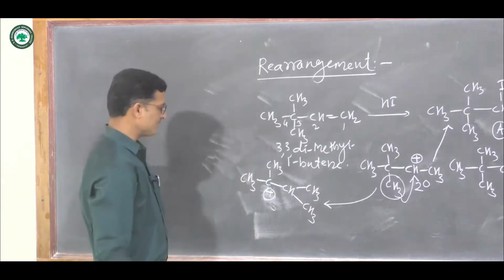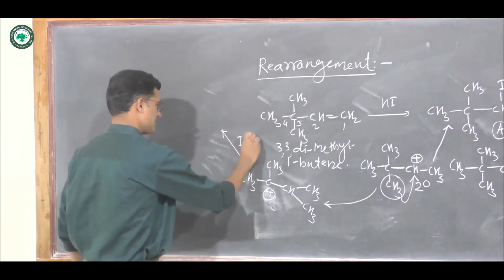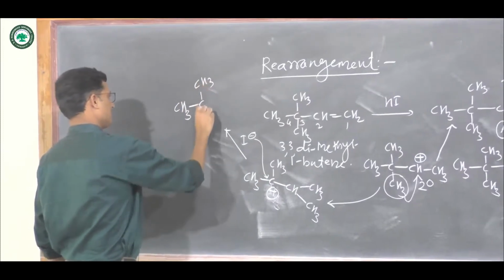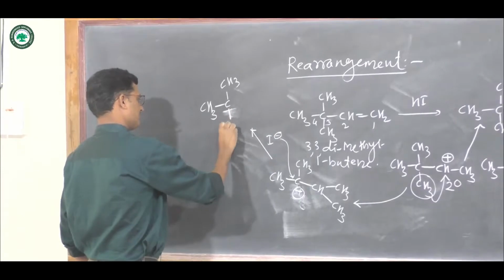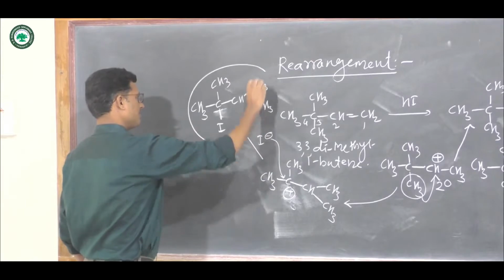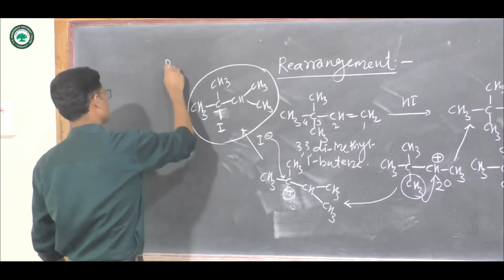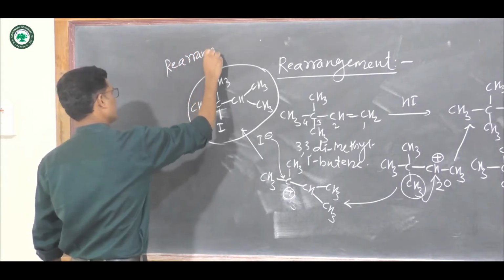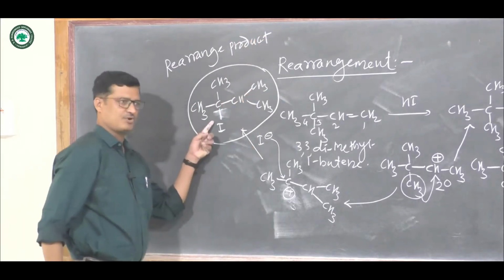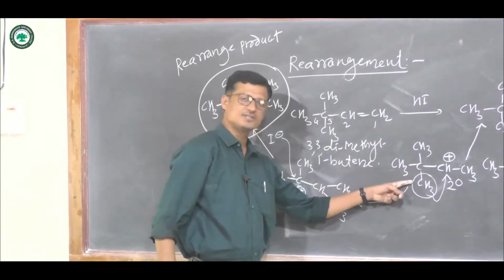And when this tertiary carbocation is formed, then I minus attacks here, and we get another product. And we remember this product is your rearranged product, or we call it the unexpected product. So why does this product formation take place? Because here we get a rearrangement.